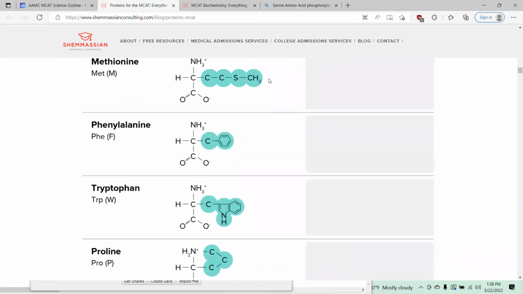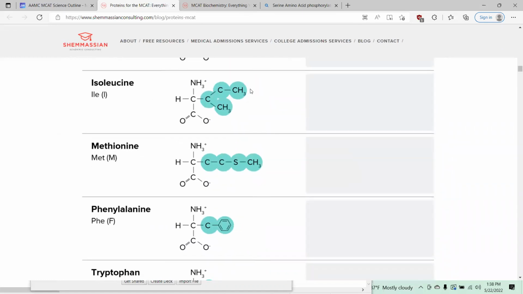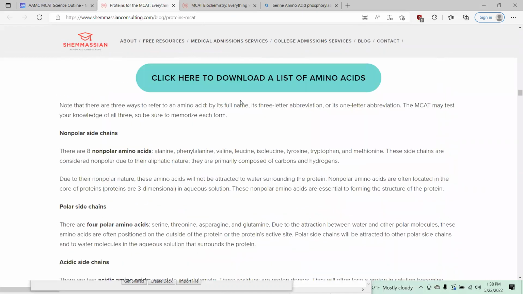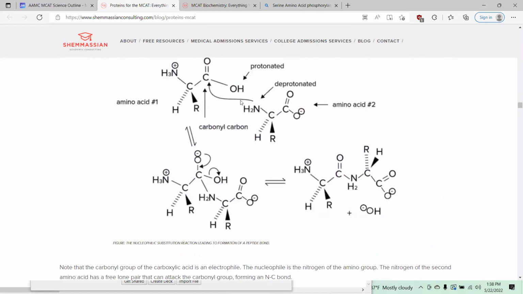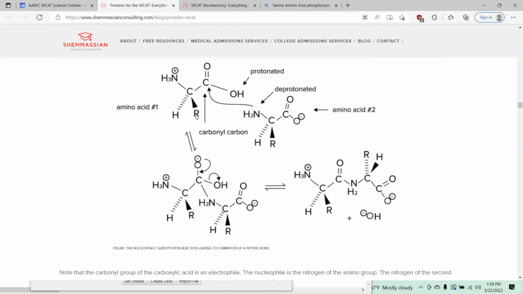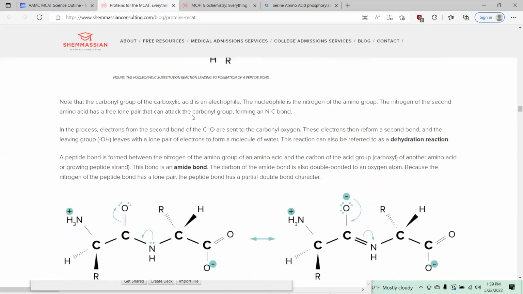These guys, these blue parts, these side chains can definitely interact, but that is not secondary structure. It's only secondary structure if we're looking at everything besides the R group. If this guy is interacting with another amino acid, then it is secondary. But if the R group is interacting, then we're in the realm of tertiary.